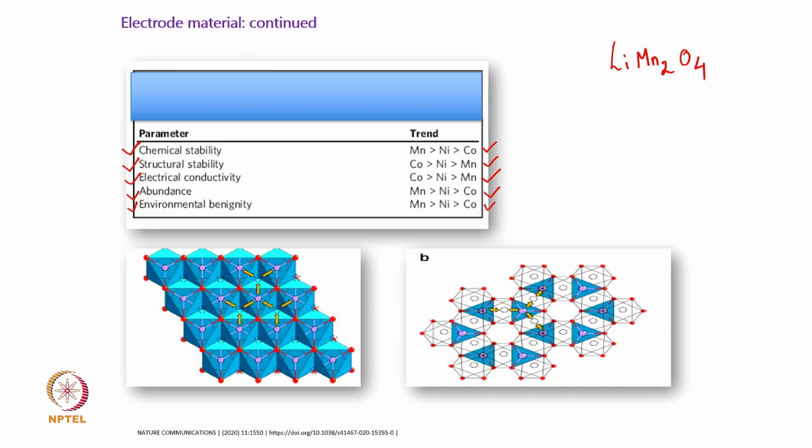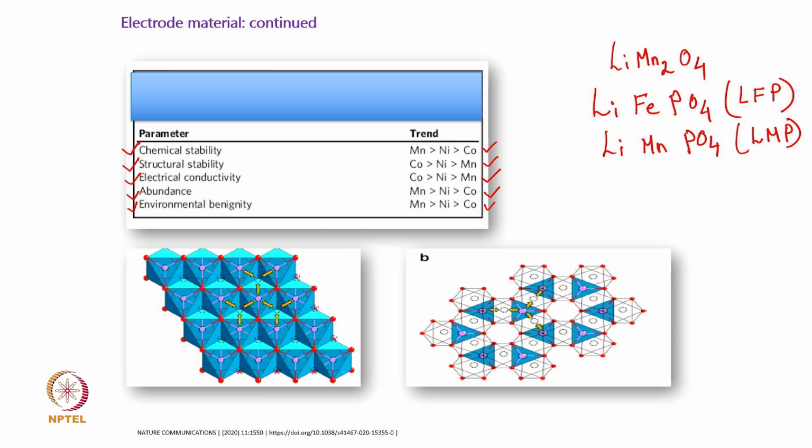Other materials are polyanions, which I also discussed. One typical example is LiFePO4, popularly known as LFP material, or LiMnPO4, known as LMP material.